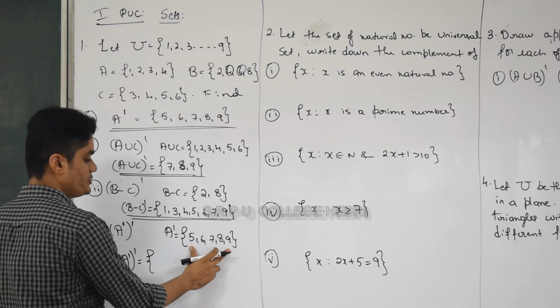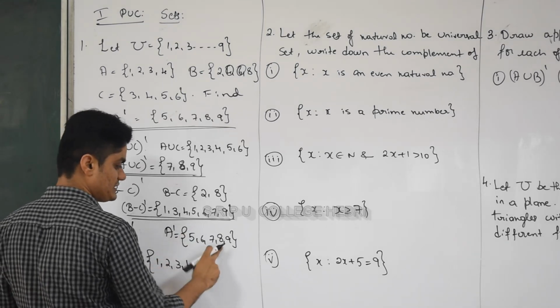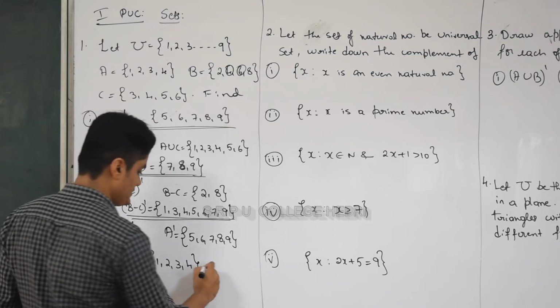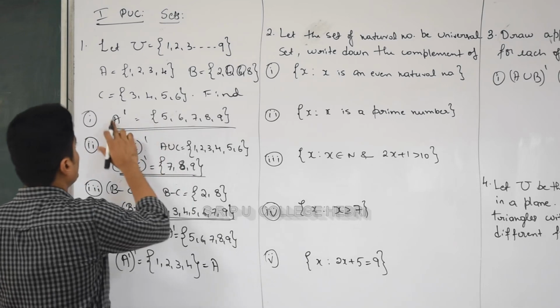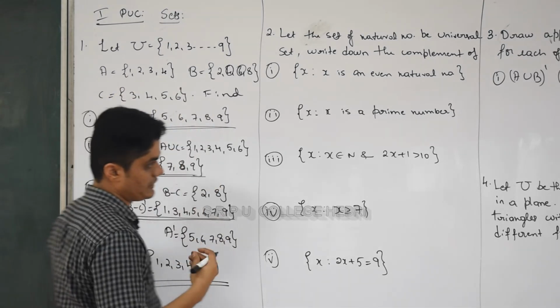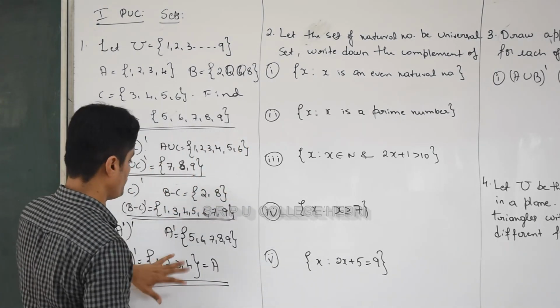Remove these elements from U and we get 1, 2, 3, 4. We know that the complement of the complement is the set itself. Is it true? Yes, A is 1, 2, 3, 4. So the result which I gave in the last class is verified through this example. A complement of complement is itself.